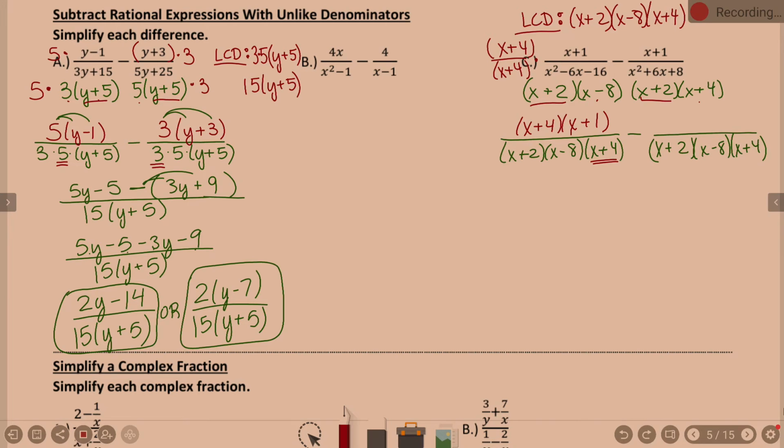Second fraction. Which denominator was it missing? It had x plus 2, x plus 4, so it's missing x minus 8. So I'm going to multiply top and bottom by x minus 8. That means I'm going to be doing x plus 1 times x minus 8.